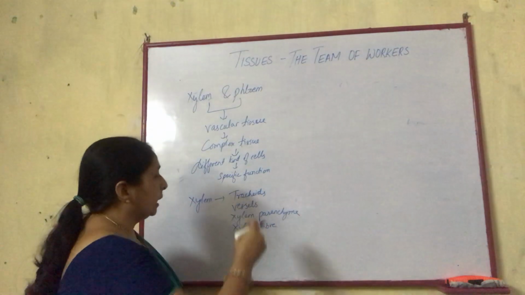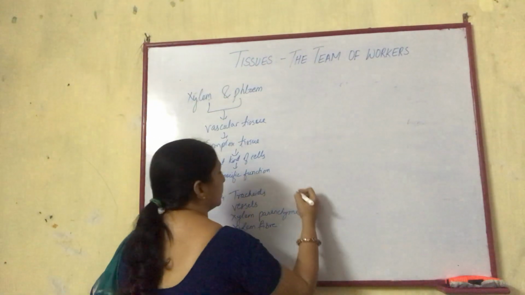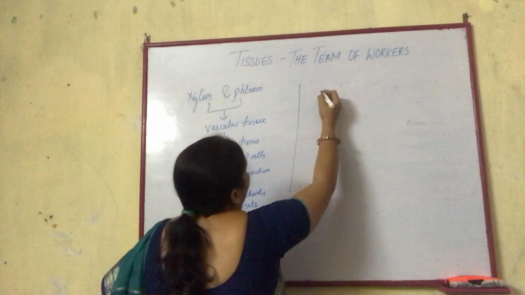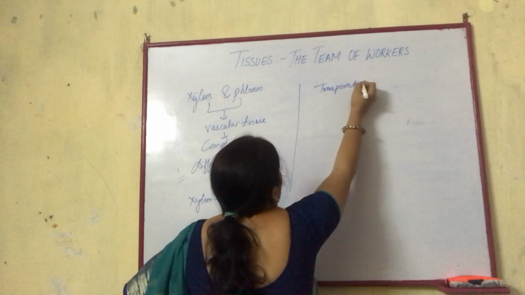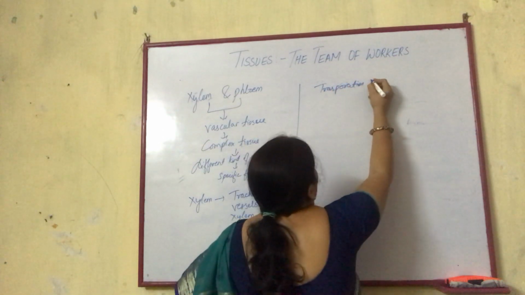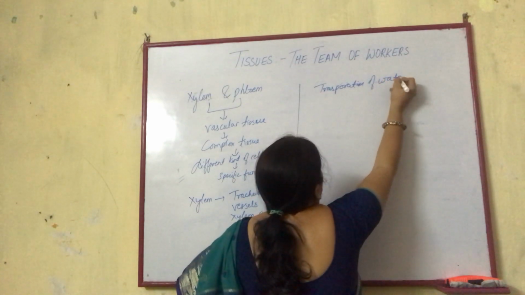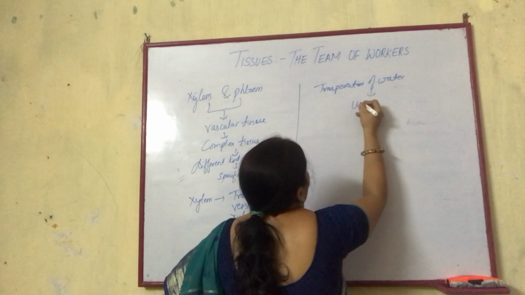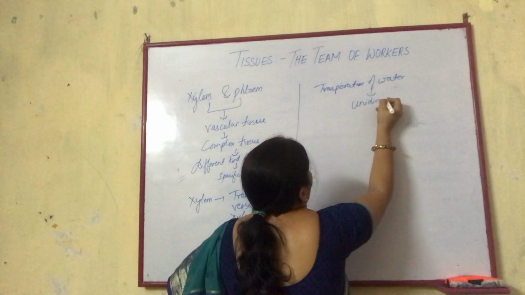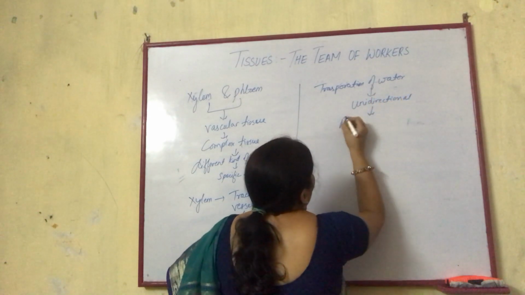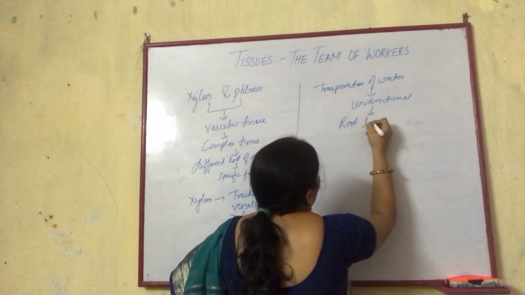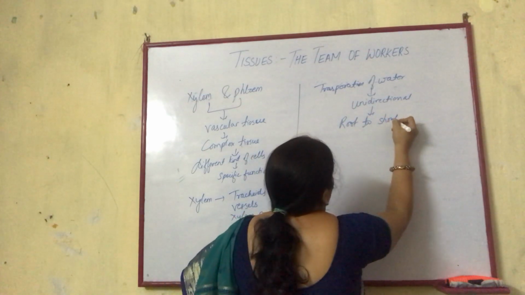Xylem transports water unidirectionally, meaning one way, always from root to shoot, not back.